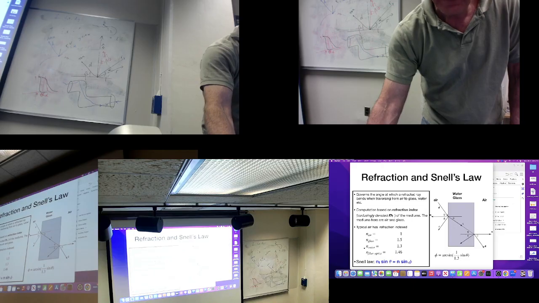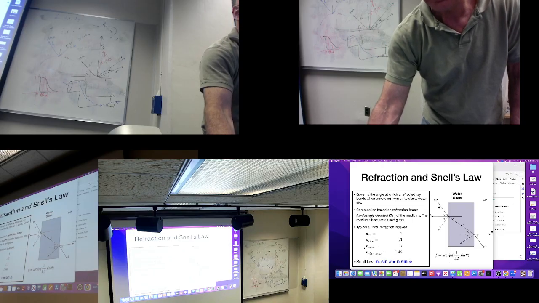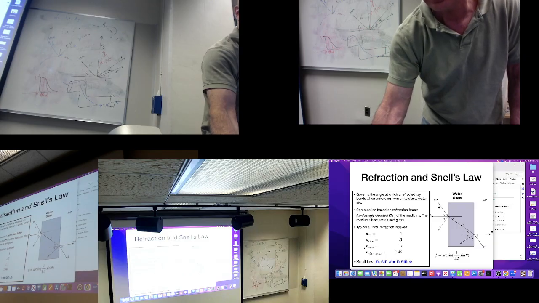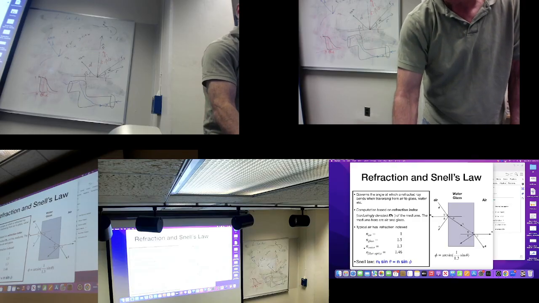If you believe this formula, phi is the inverse sine of 1 over 1.3 times sine theta. So that's what happened to the sun in its direction to the bottom of the pool. And if a viewer watches the pool from this direction, then what you think happens here, if you continue it as a straight line, actually happens here because the direction changed.